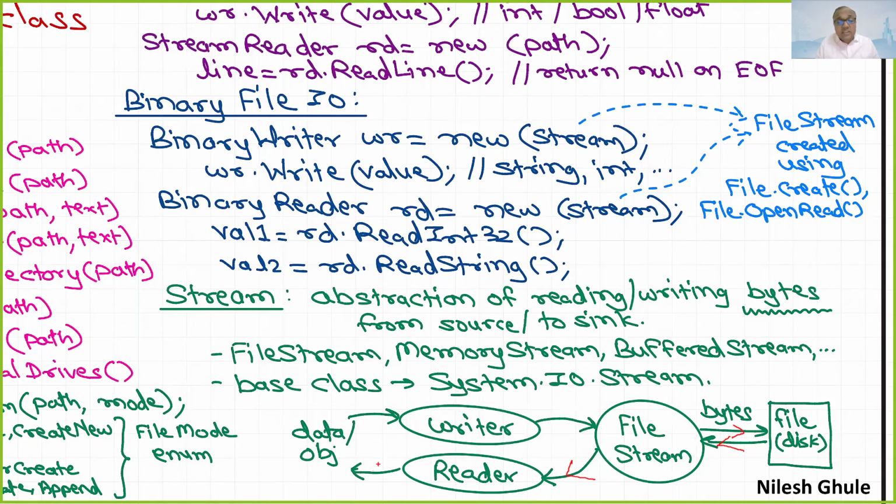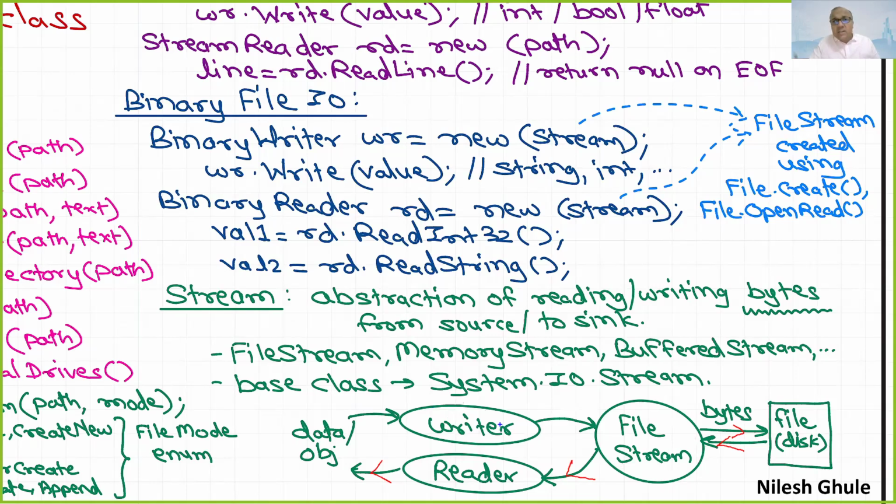And if needed, we were converting those strings back to integers, as we had done using int.parse. As far as the binary writer is concerned, again, we are giving some binary data, and then that binary data is given to the writer.